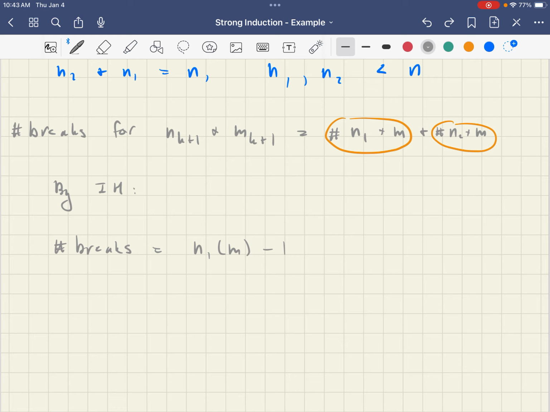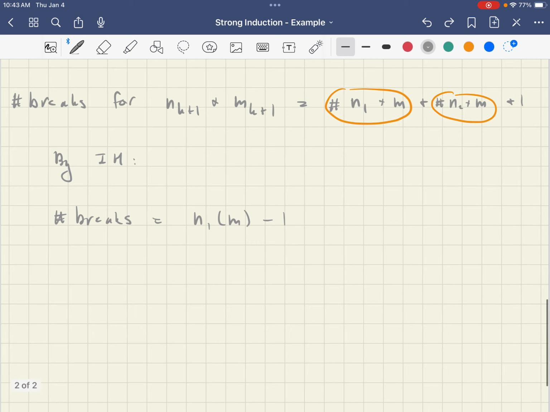Why? Well, we just broke it. To get to these 2 bars, we need to break it once. So I just need to add a plus 1 here. My bad. Hopefully that makes sense, right? To break it into 2 bars, we need to break it in half and then use the 2 bars. So we need to include that break that we did. All right, sorry about that.